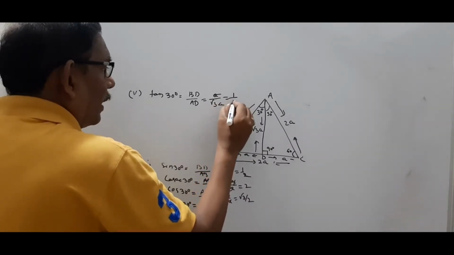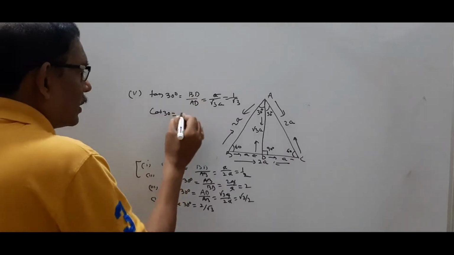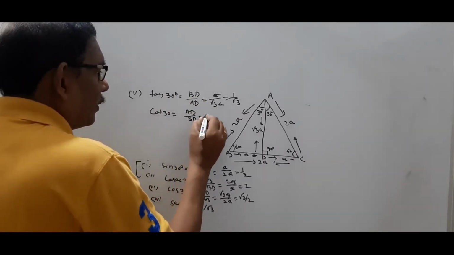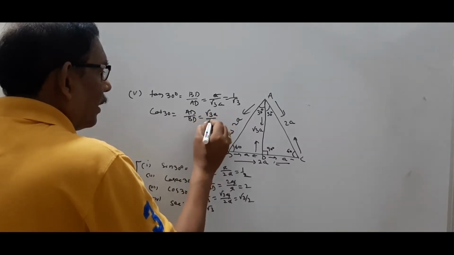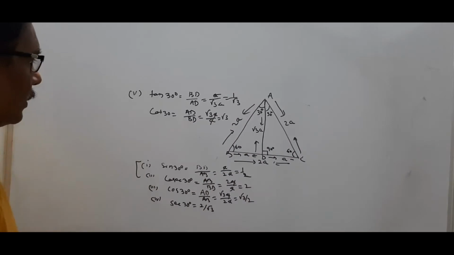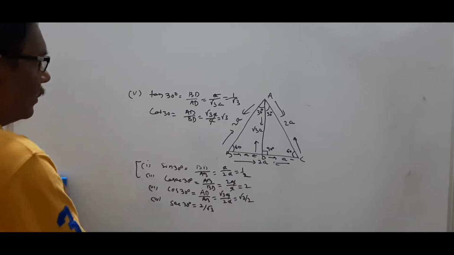This is equal to 1 by root 3. Cot 30, reciprocal of tan, AD by BD, root 3a by a, root 3. So this is all about the trigonometric ratios of 30 degrees.